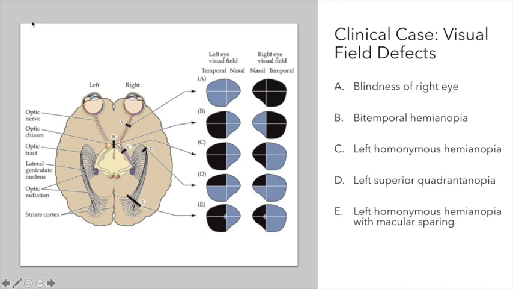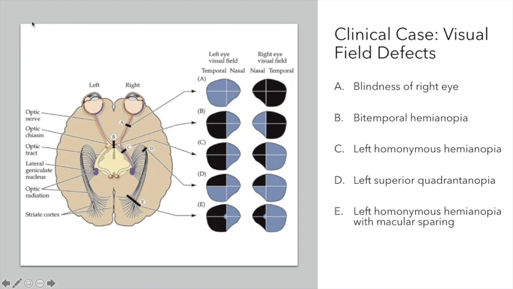So this is similar to case C, but the macula lutea, which is part of the retina where light focuses, is conserved, so this person still has the central vision. And this might not be as noticeable because they can still see parts of each quadrant. And it's important to understand how the optic nerve fibers travel and cross on their way to the occipital lobe to know how an injury will affect their vision.